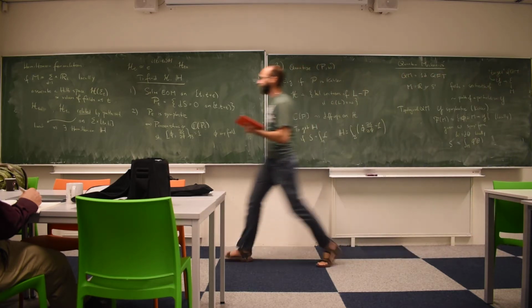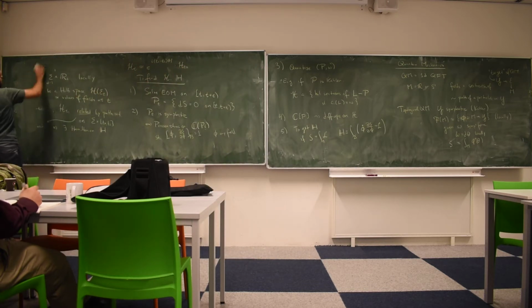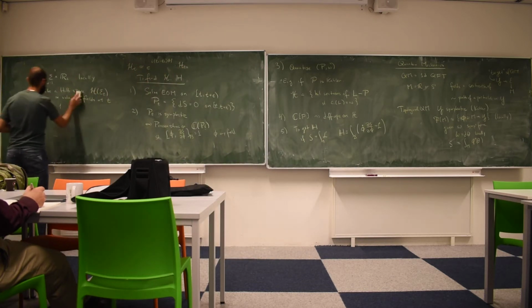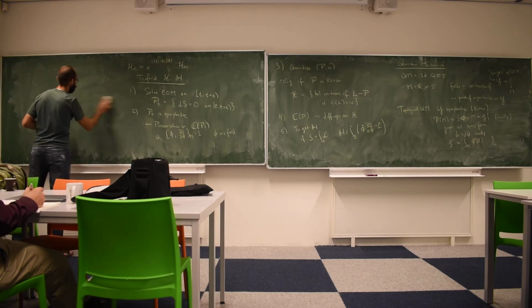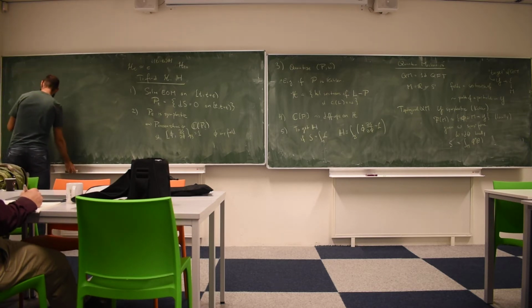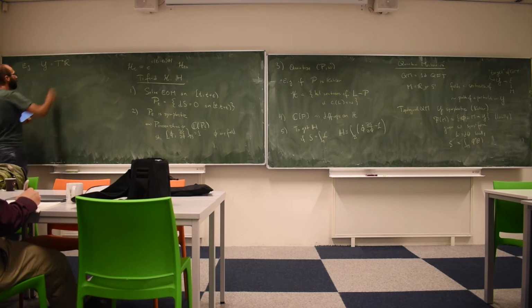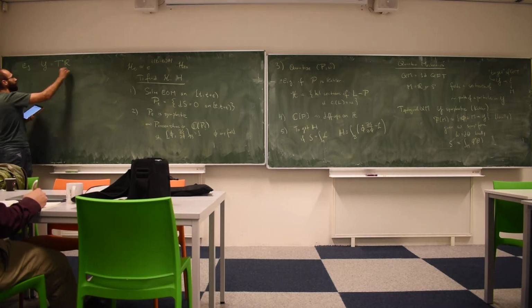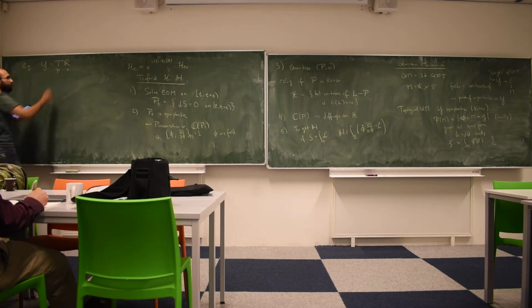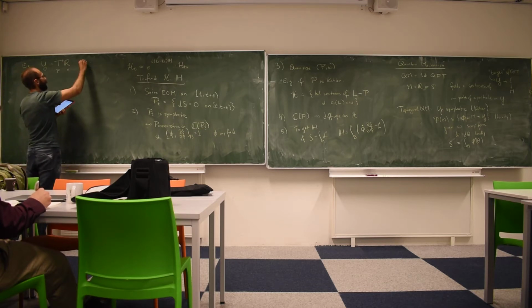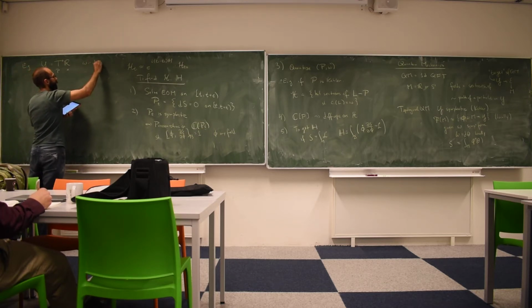So, example. Let me take Y to be the cotangent bundle of R, with coordinates x, p, and a symplectic form dp dx.